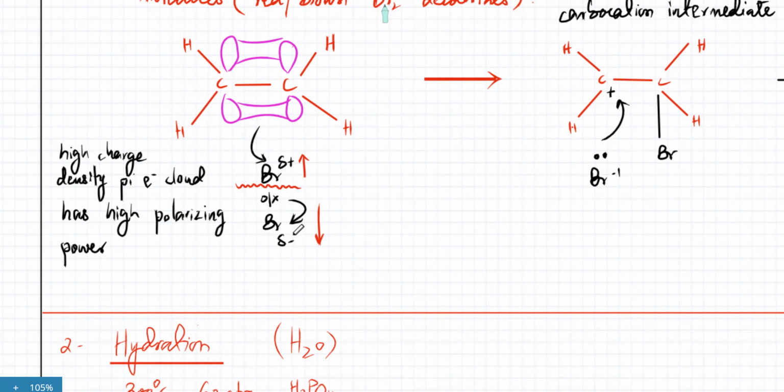They would be pushed away, which is why this bromine will have a slight negative charge and the bromine on the other side will have a slight positive charge because it's going to get polarized. The positive bromine is going to be even more strongly attracted to the electrons, while the negative bromine is going to get further repelled. The positive bromine is going to pull all the pi electron cloud and bond with it.